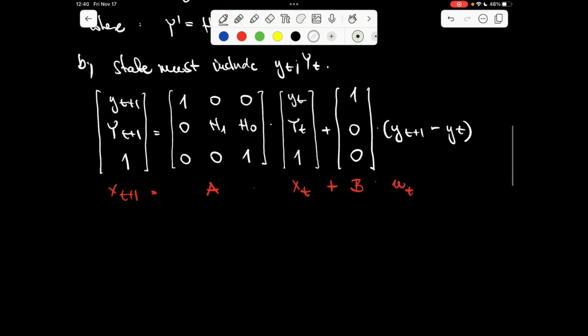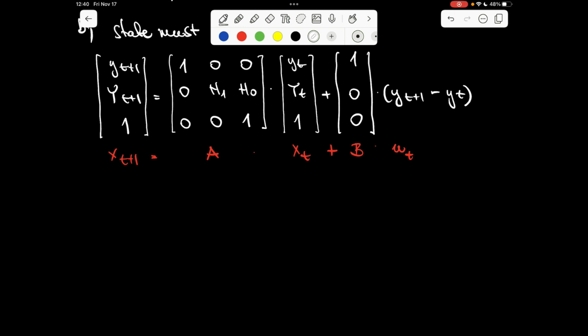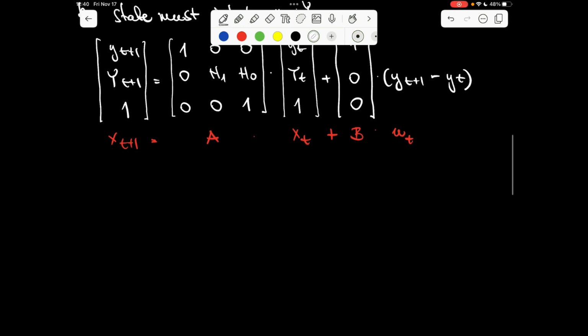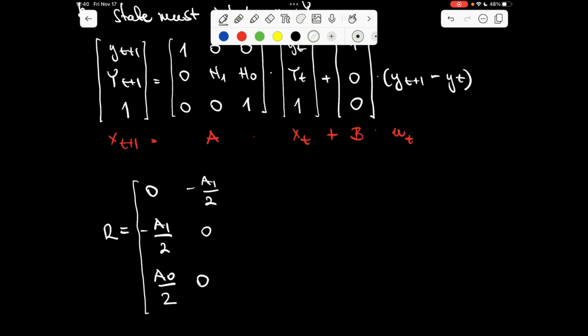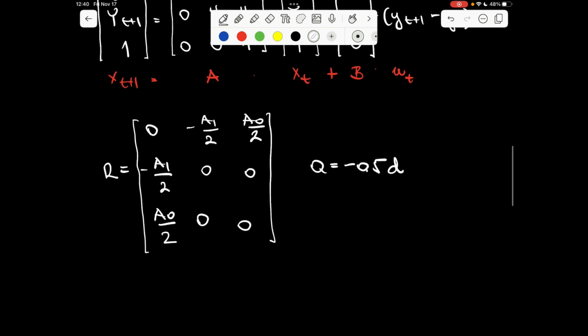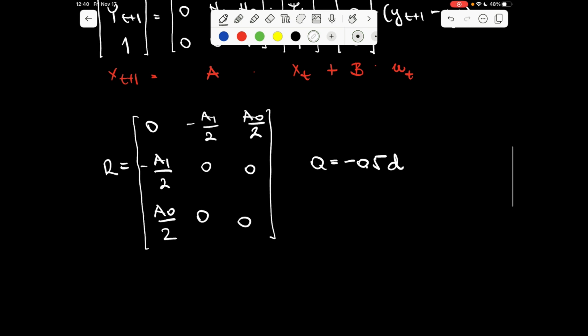Okay, so we have matrix A and vector B, and we need to identify, on the basis of the objective function, matrix R and matrix Q, which is not difficult. And Q is minus d over 2.